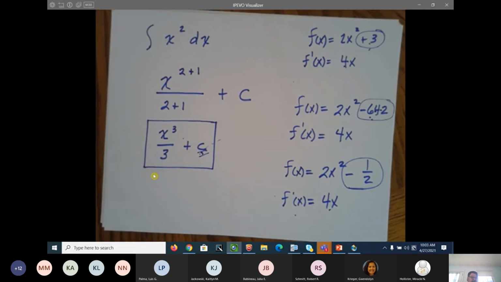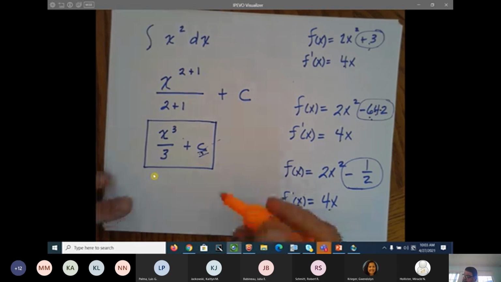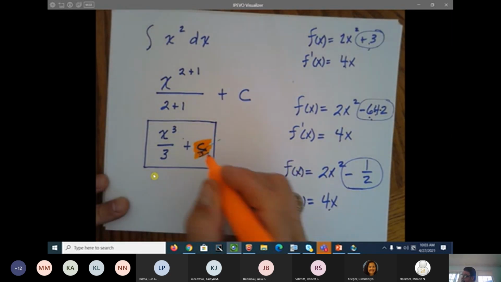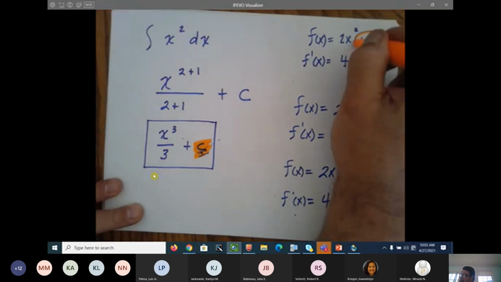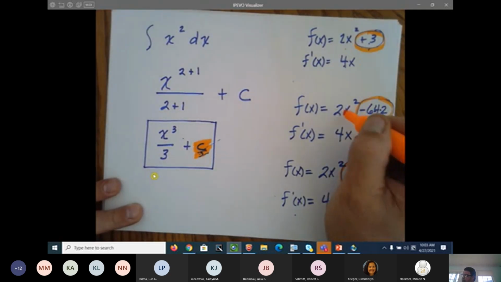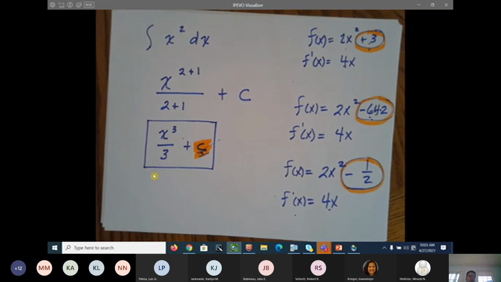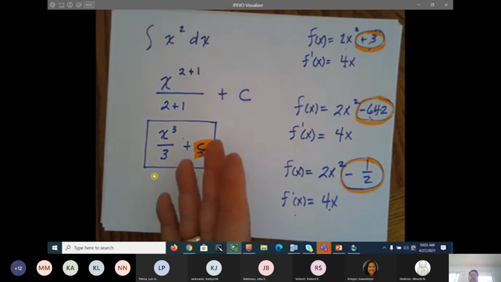Because that C represents these different numbers that could be added to that 2x squared. Okay, that is an indefinite integral.